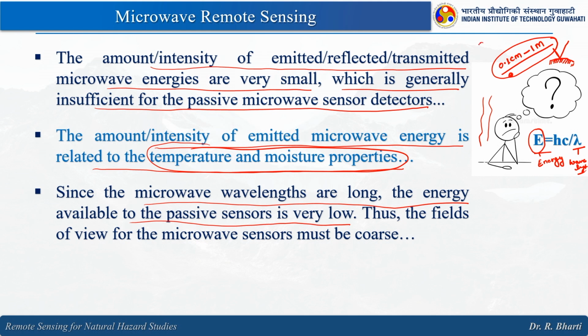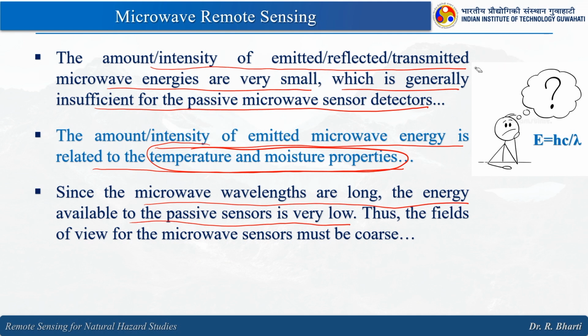When we rely on the sun as our source of light, naturally it is illuminating this particular target and it is getting reflected. In that condition we are following this fundamental, and here the longer the wavelength, the lower the energy. Because of that, the energy which is released from the surface will be very little to be resolved by our sensor.